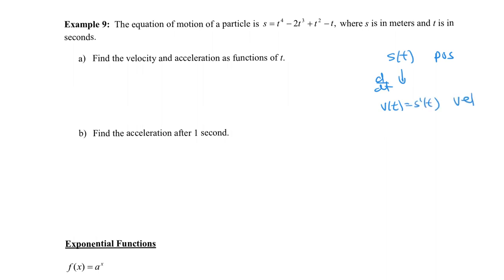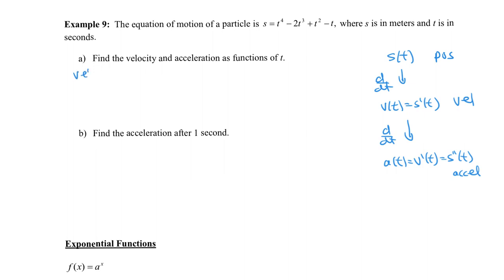So you get velocity. Then if we take the derivative of this with respect to t, the derivative of velocity with respect to t, we get acceleration, which is the derivative of velocity or the second derivative of position. So with that in mind, let's find the velocity of this one.